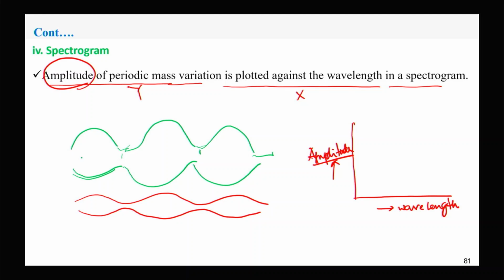So literally amplitude should mean the extent of irregularity, but as far as the spectrogram is concerned, the amplitude means something else.